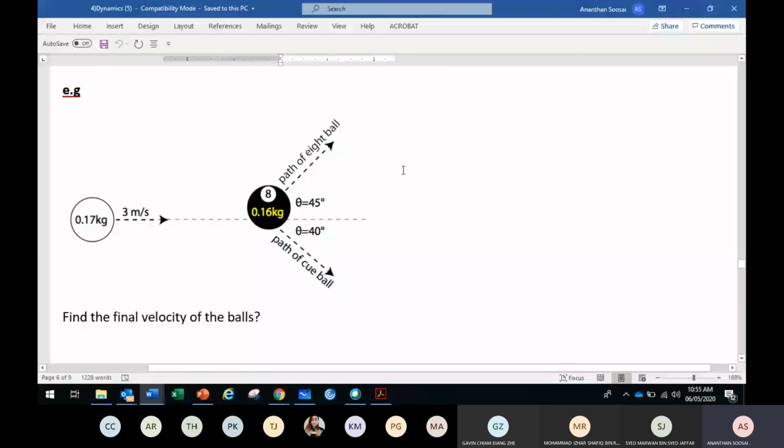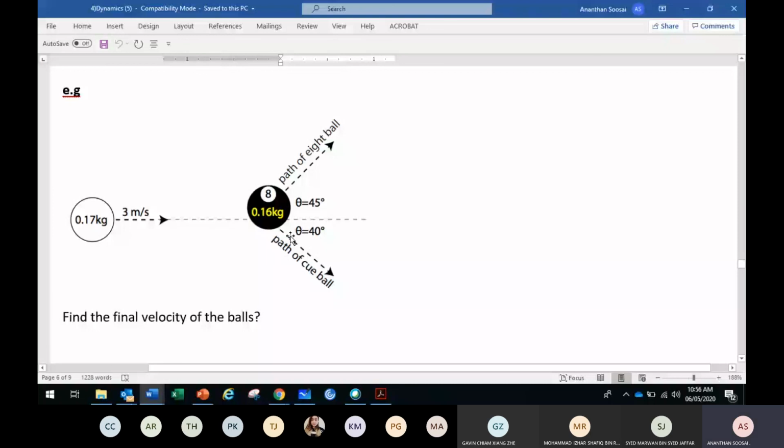So let me explain this question. Find the final velocity of the balls. This is a snooker game. The cue ball, 0.17 kilograms, is moving forward at 3 meters per second horizontally, colliding with the 8 ball, 0.16 kilograms. The 8 ball is found to be moving upwards with a certain velocity v1. The cue ball is moving downwards with v2.